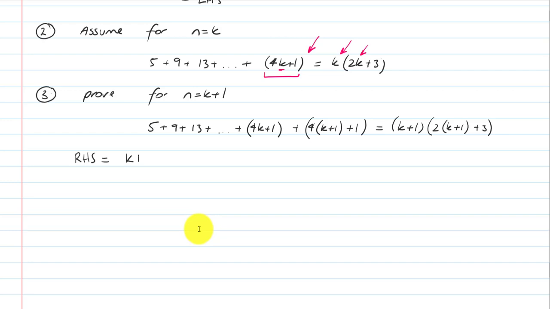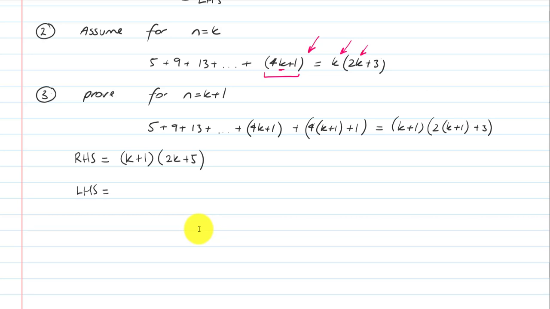So the right-hand side can be simplified to be k plus 1 and then 2k plus 5, because 2k plus 2 plus 3 is 2k plus 5. And then I'm going to get to the left-hand side and see if I can get it to that factorised form.